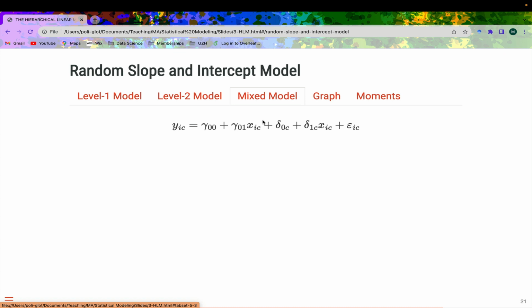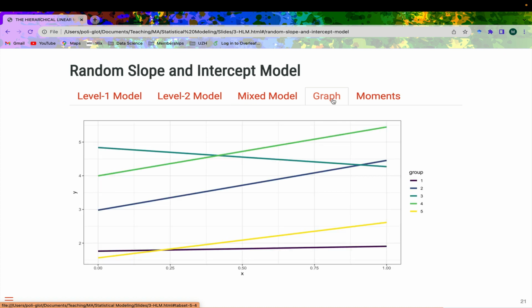So what does a random slope and intercept model even look like? Well, if you graph the regression lines for different countries, different groups, you would see they cross the y-axis at different points. That's the variation in the intercepts. And they also have different slope coefficients. Here we have a situation where 3 out of the 5 lines have a positive slope.